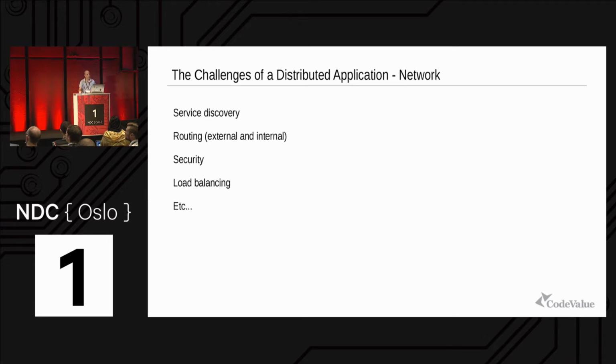Let's talk about network. Some of the challenges you might encounter when running a distributed system: you need some kind of mechanism for discovery, okay? Meaning you have all your components running in the system, and they need to find one another. They need to communicate with one another, okay? They might do it over REST calls, they might do it with UDP, TCP, whatever protocol, but they need to somehow find one another. It's like, okay, where are you?